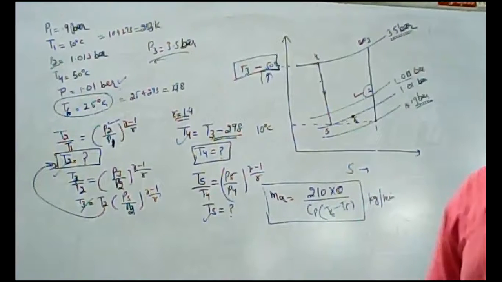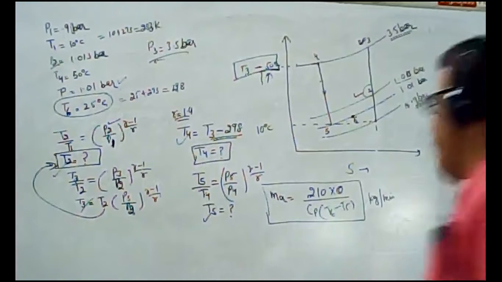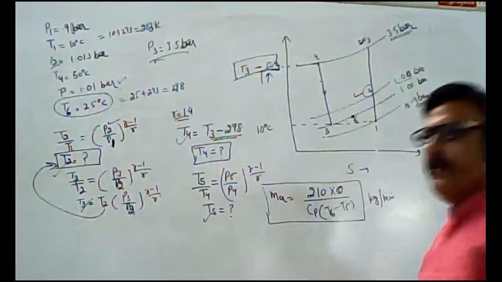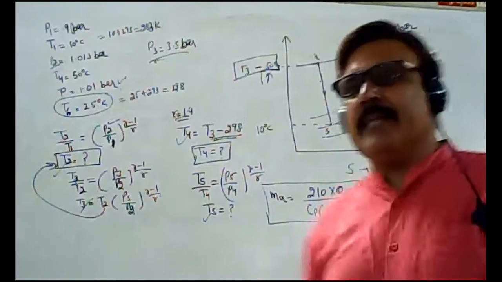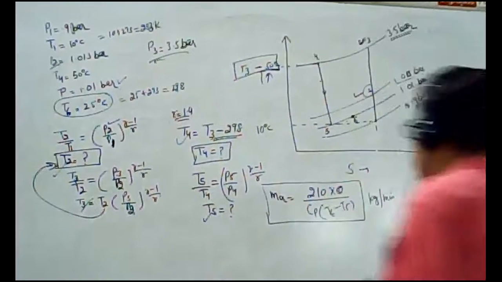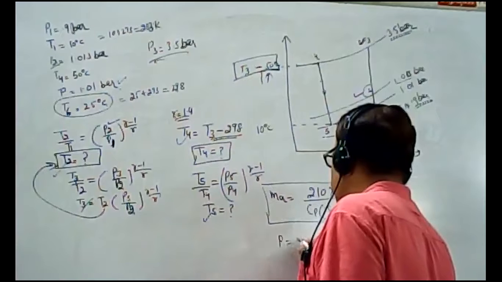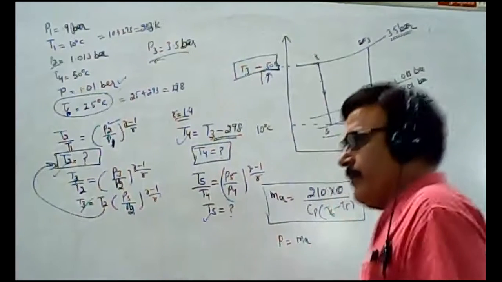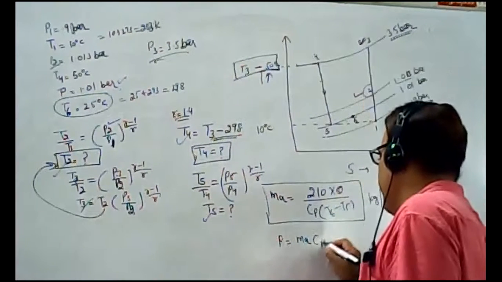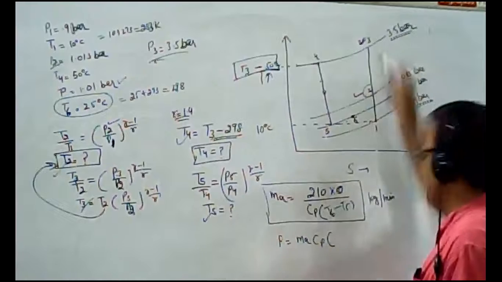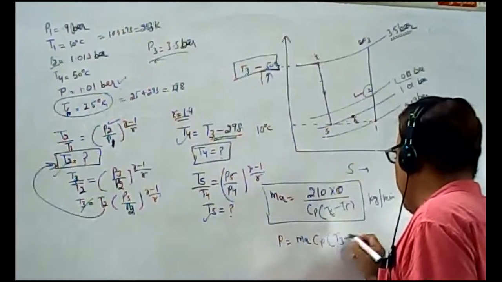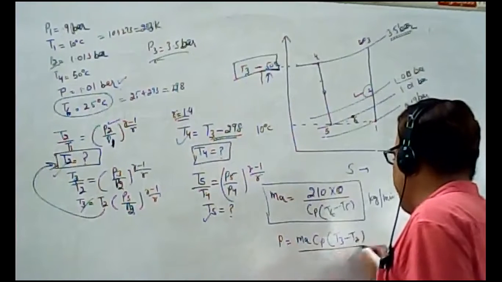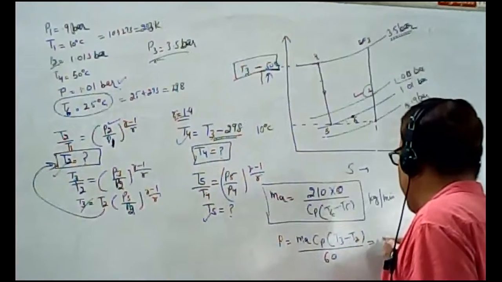Then what you have to find out? Power. Where will power occur? In the compressor. So what will be the formula? Mass of air into Cp into compressor work, T3 minus T2. If I convert into kilowatt, then divide by 60.